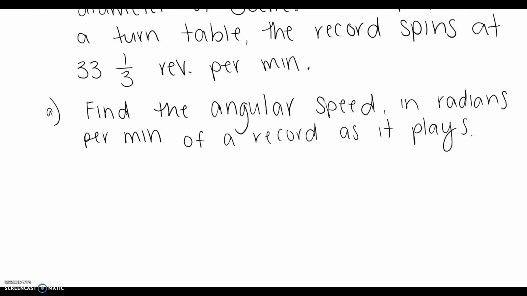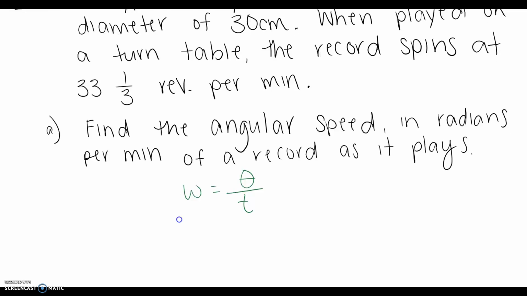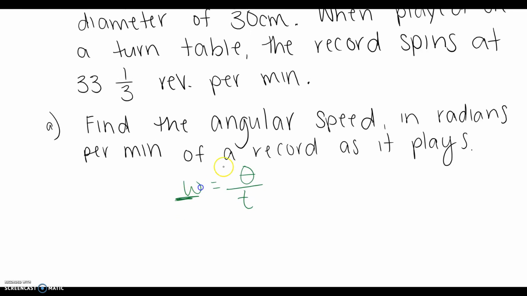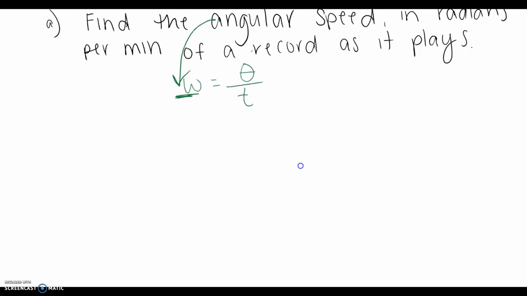I would start with the formula, which is omega equals theta over t, and when I say omega, that just represents angular speed. So angular speed is theta divided by time. The thing is, what is theta?